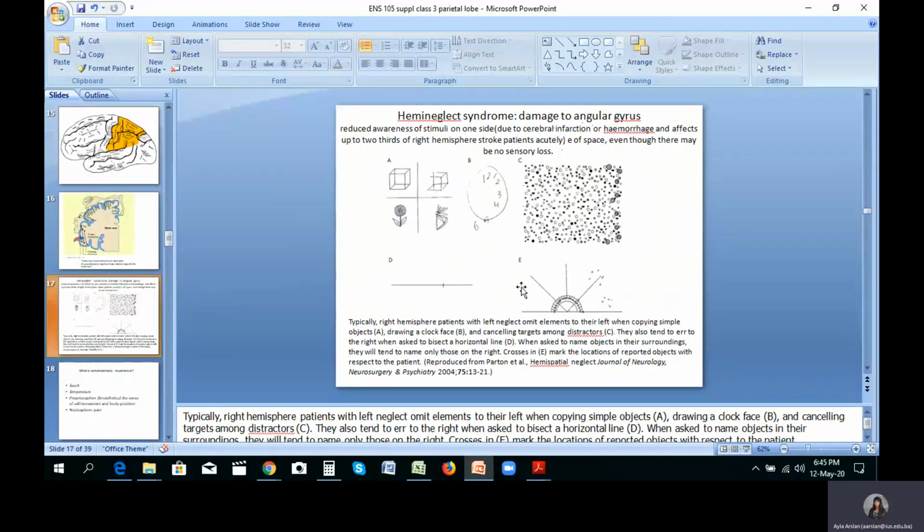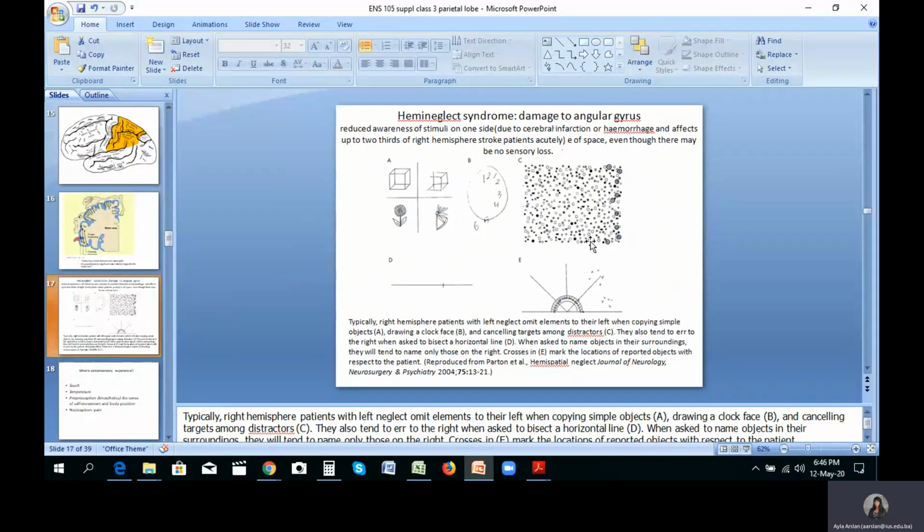Or when they are asked to name the objects in their surroundings, they ignore all the objects in their left part, and they name mostly the right part. That is because the angular gyrus, which is found in the right hemisphere, is damaged, and that is contralaterally affecting the left spatial awareness of the objects.